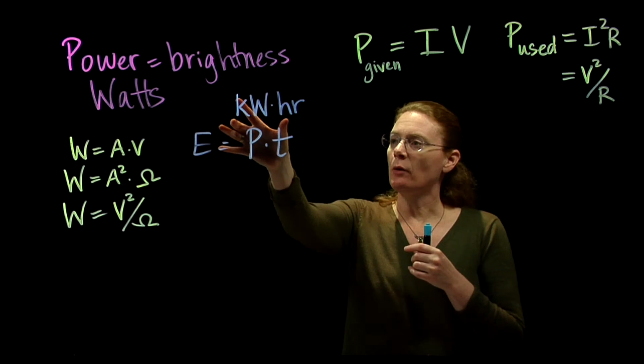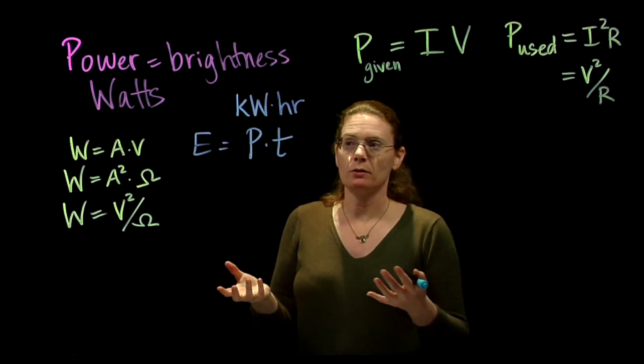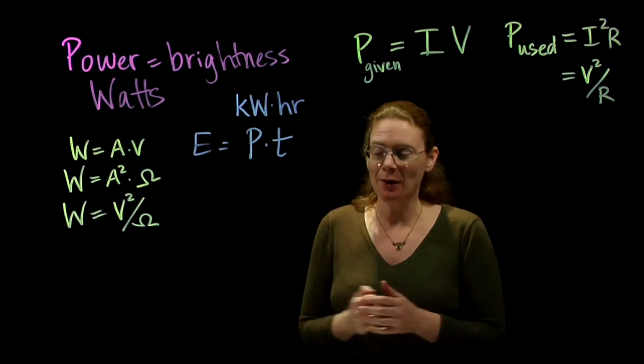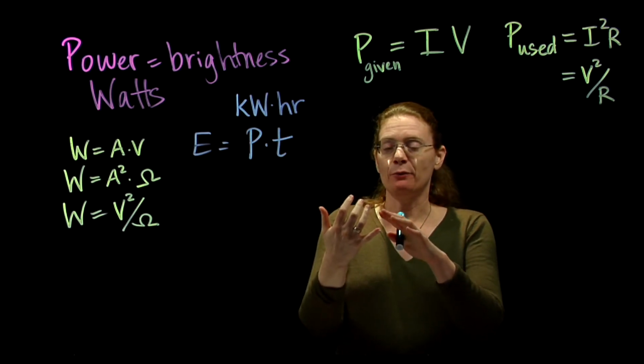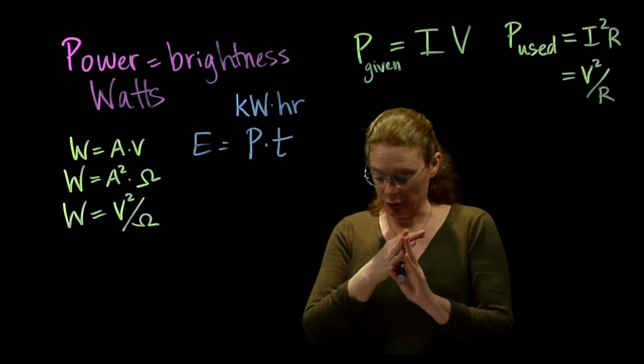So with kilowatt hours, we can figure out how much it costs to run certain circuits, to run our TV, to run our fridge, to run a light bulb, and then it's going to be based on figuring out how much energy we use and then the cost of that energy.